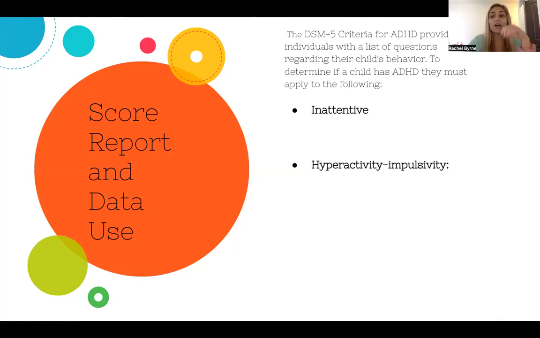And it says that children under the age of 17 are required to show 6 or more symptoms of inattention, and 5 or more for adolescents. These symptoms must be present for 6 months as well. And for hyperactivity impulsivity, if they have been diagnosed with this, the patient must show 6 or more symptoms for children up to 16 years of age.